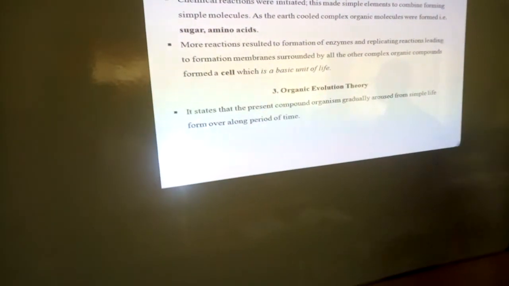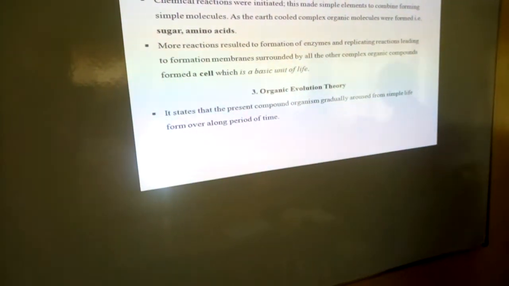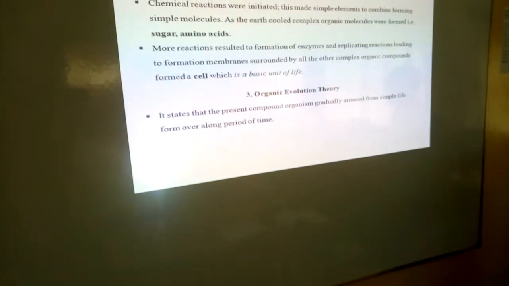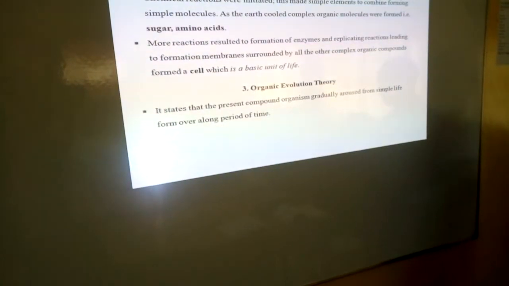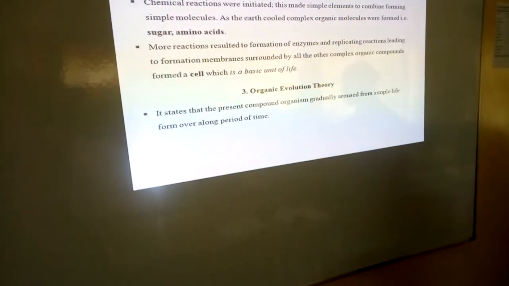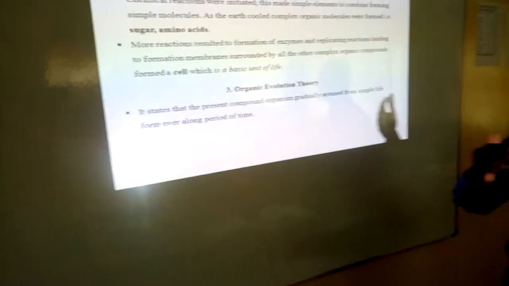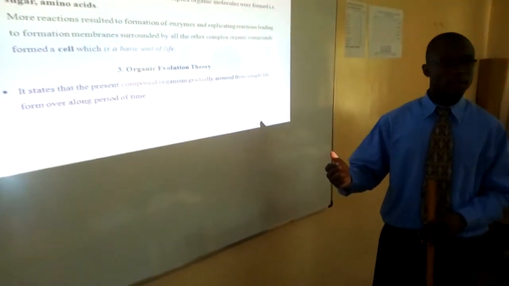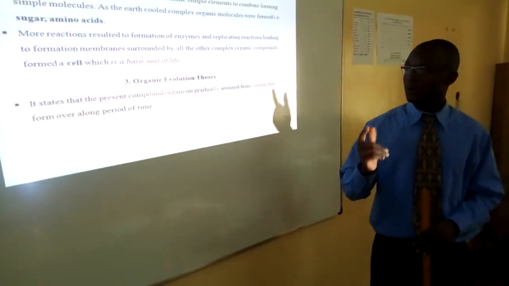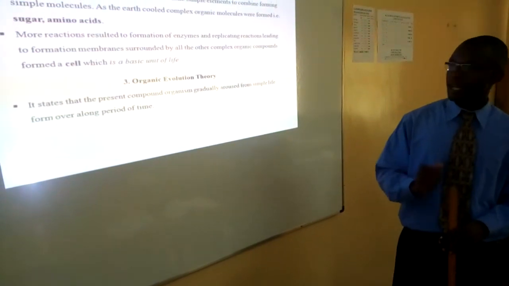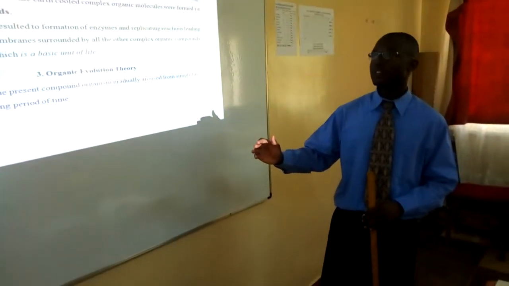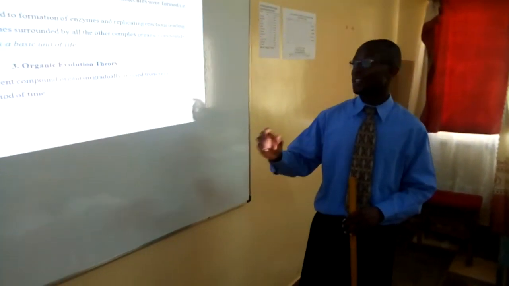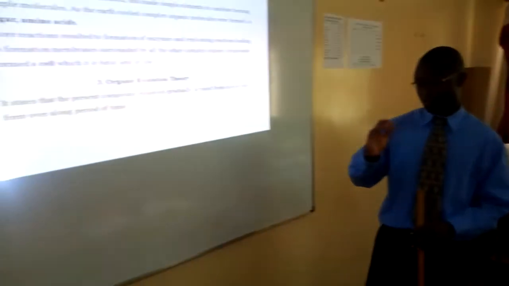Organic evolution theory. It states that the present compound organisms or complex organisms gradually arise from simple organisms over a long period of time. So evolution is because of time.